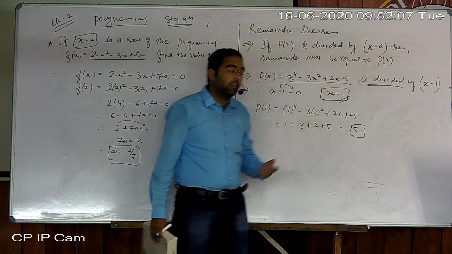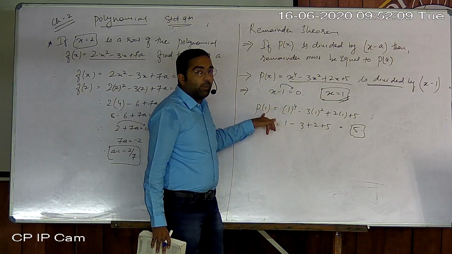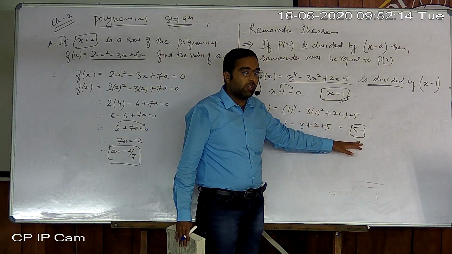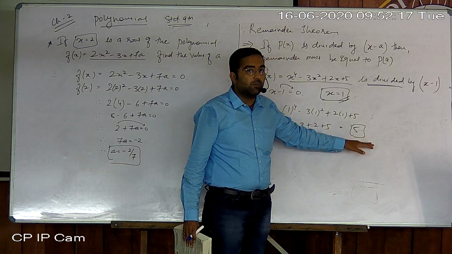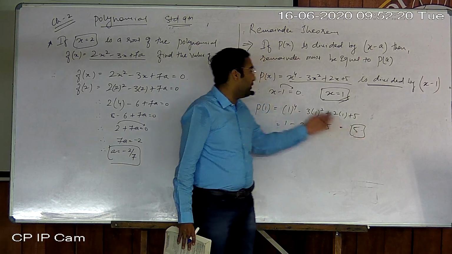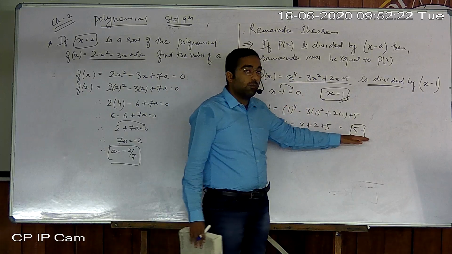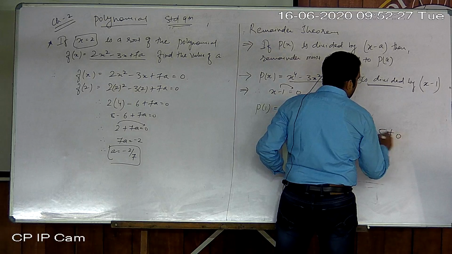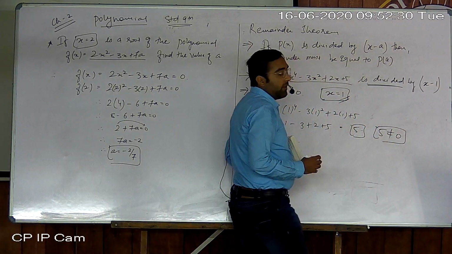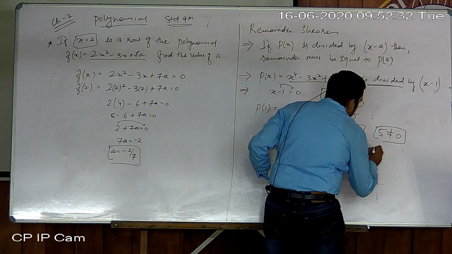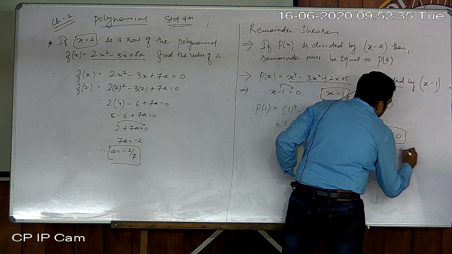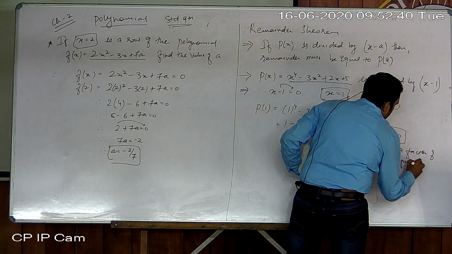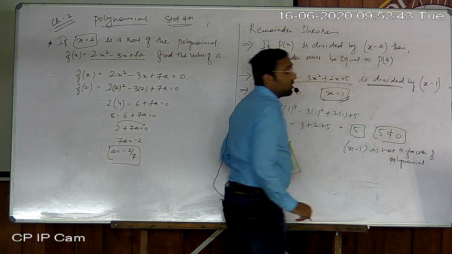Now we know that whenever we put the value of x in the given polynomial, the value of the polynomial must be equal to 0 for it to be a factor. Here 5 is not equal to 0. Therefore we say that x minus 1 is not a factor of the polynomial, as we learned in the previous lecture.